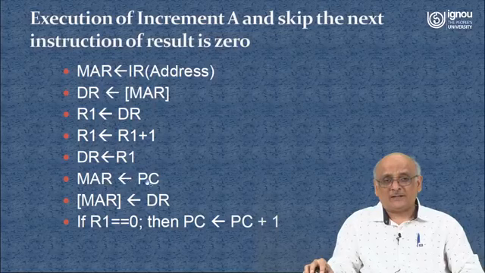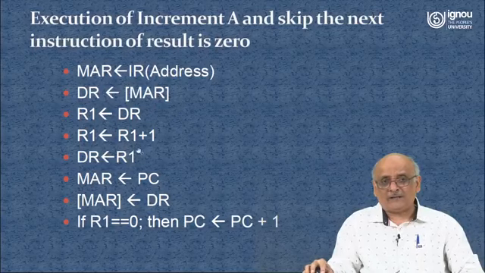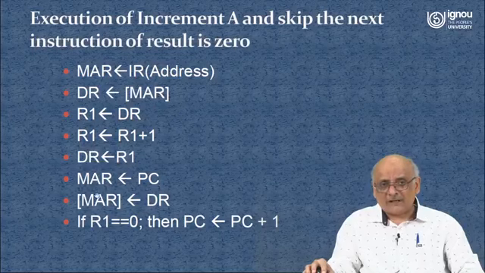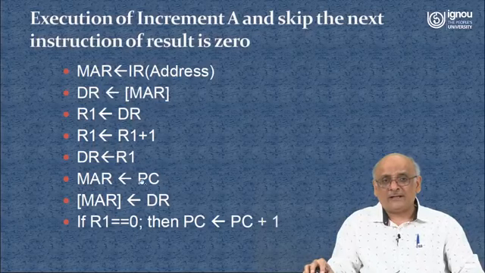MAR is given the value of PC, and that incremented value is stored back into A. Now this is writing. So you have incremented the value of A. The incrementation of A will be completed after we have written that value into the memory location, and that memory location was already there.